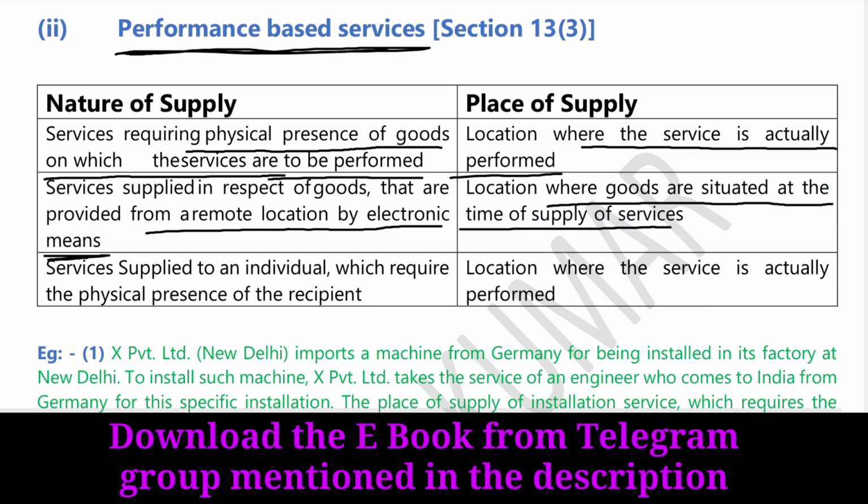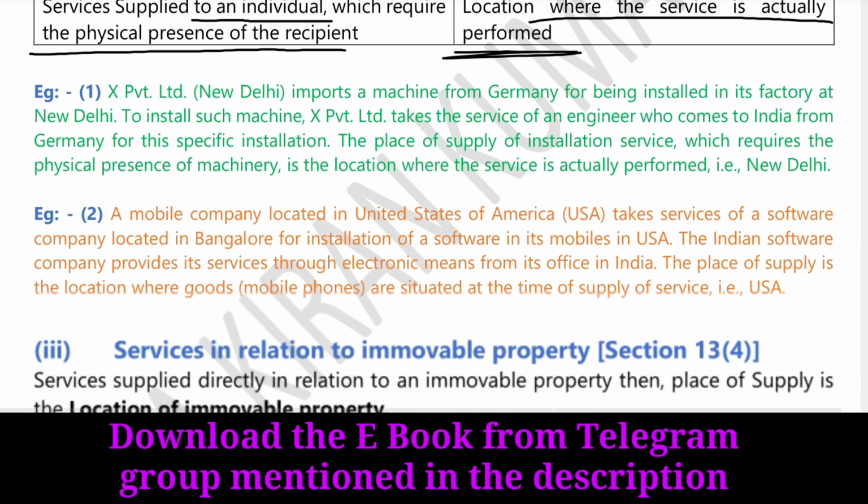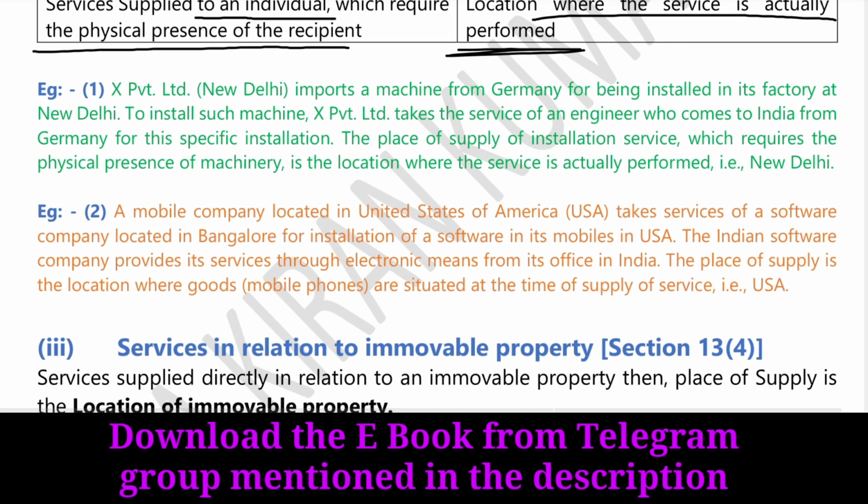And for service supplied to an individual which requires physical presence of the recipient, in such cases the place of supply will be the location where the service is actually performed. And you can refer to these examples in the ebook, you can download it from the Telegram.